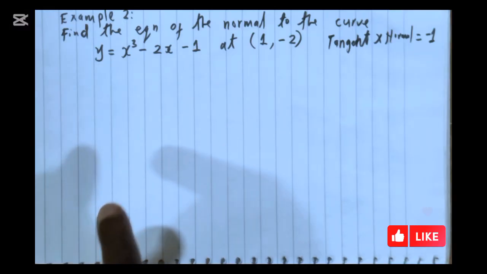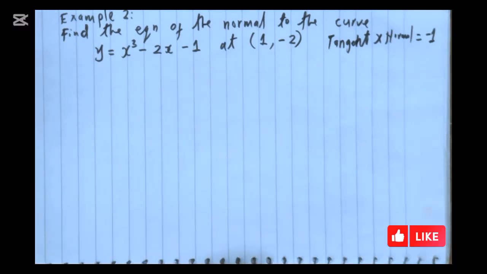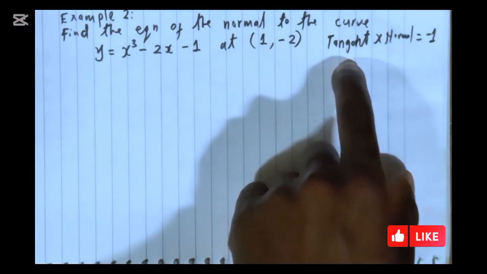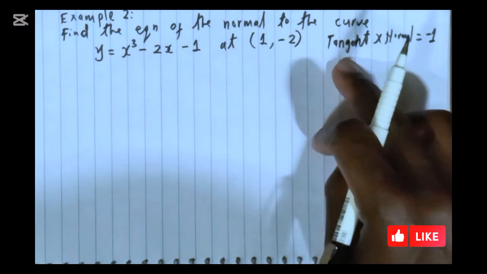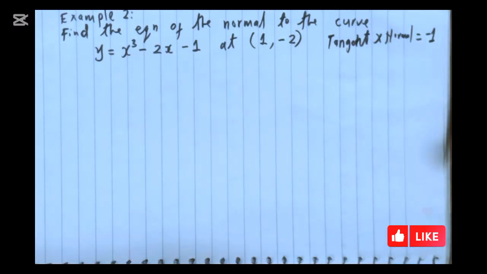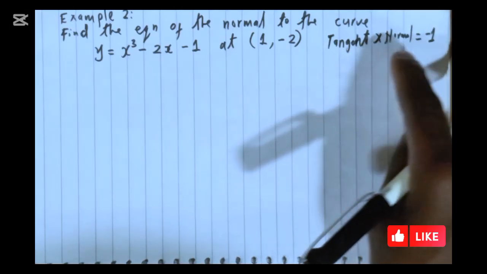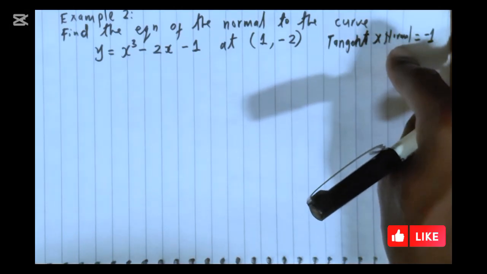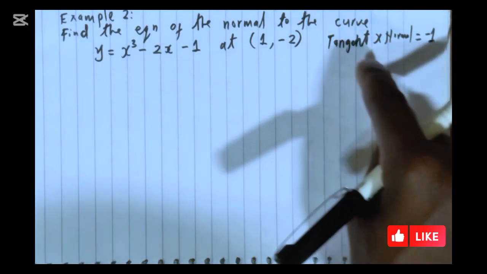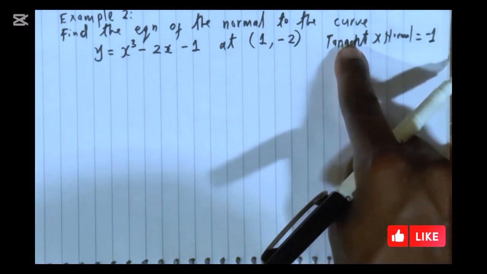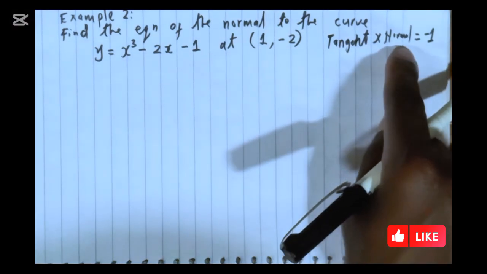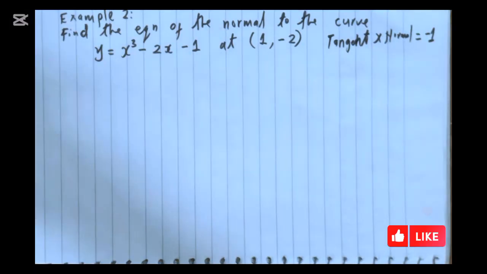So to solve this problem, we are supposed to first of all find the gradient of the tangent, and then we will use it to find the gradient of the normal to the curve. Because when you multiply the gradient of the tangent and that of the normal, we should always get -1.